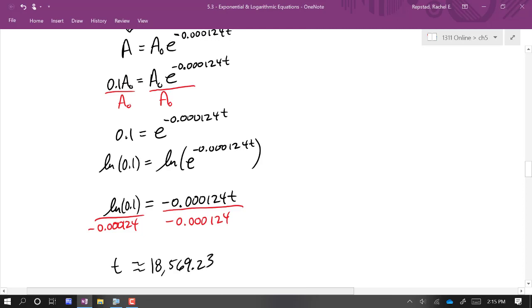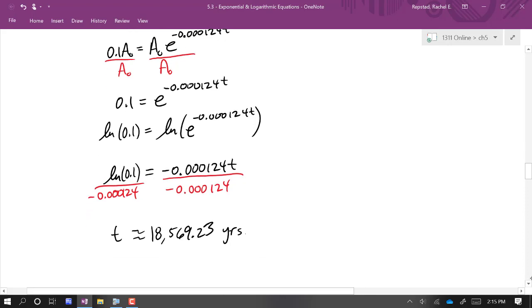And in this problem, they say that t is the time in years, so that's the age of this skull. Is that what it was? Yes, a skull discovered.